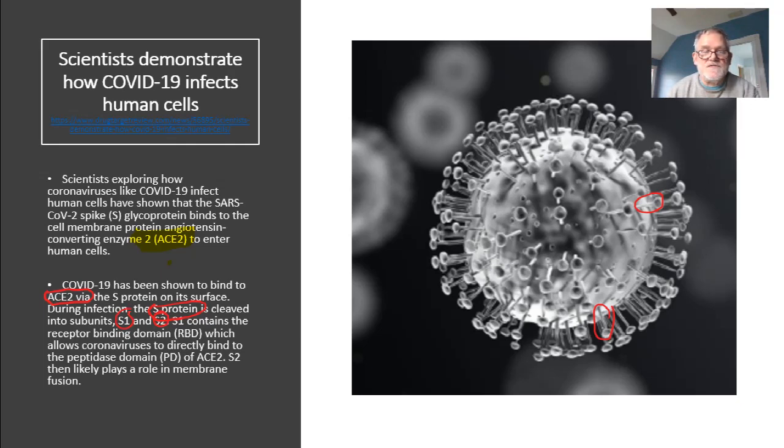It's like the key to a door, a lock to a door, which allows the coronavirus to directly bind to the peptidase domain, PD, of ACE2. S2 then likely plays a role in membrane fusion, in the ability of the COVID virus to fuse to the membrane of the cell.